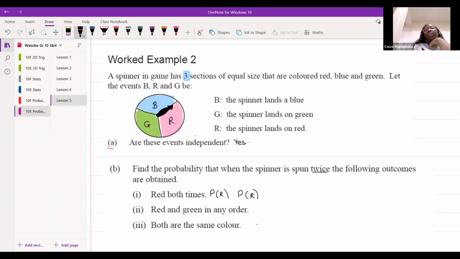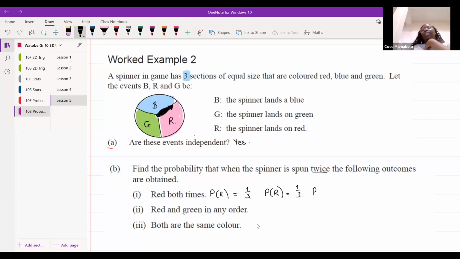Okay, be very careful, guys. Think about this. What is the probability of landing on red the first time? Let's start there. Good, Imelda. That's it, Funzo. 1/3. Good. Now, what is the probability of landing on red again? 1/3. Correct.